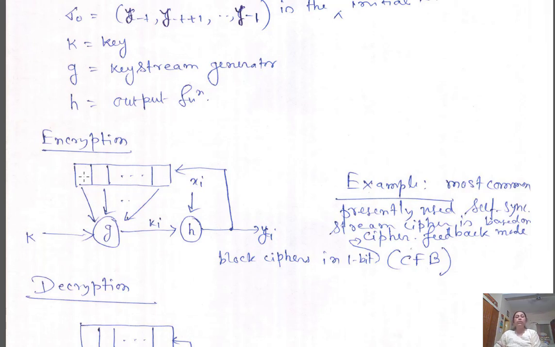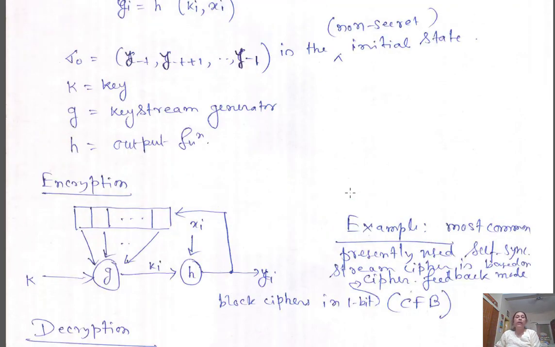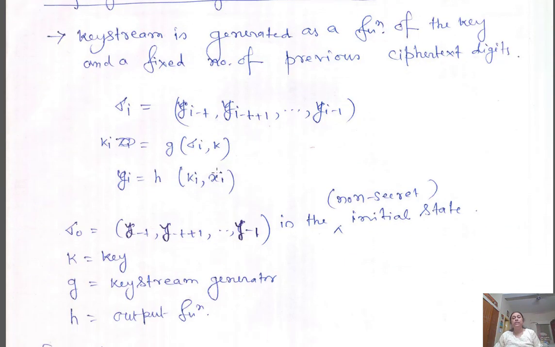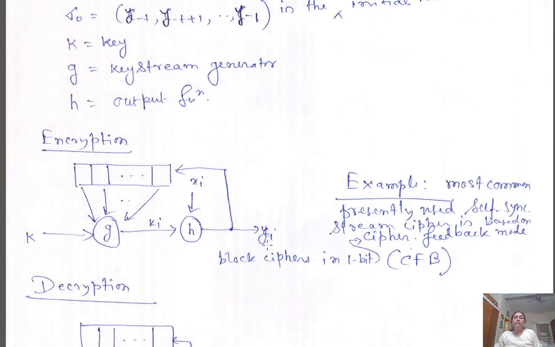After t many values I will have incorrect yi's, and after that it will be synchronized again and give you the correct result. That's why it is called a self-synchronous stream cipher. Automatically, after a certain time, it is synchronized again. If one digit is changed, its effect is on some certain values, and after that it will again give you the correct answer.